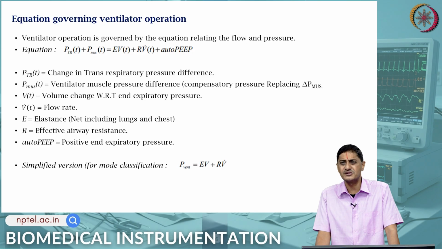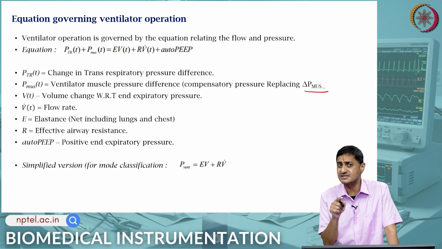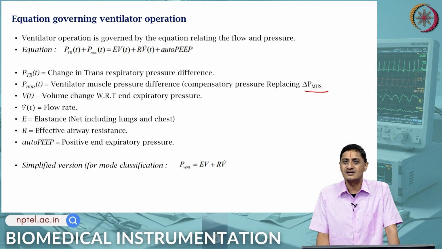This is a compensatory pressure that is essentially replacing delta P mus. And what is this delta P mus? We saw this. This is the pressure that is created by the contraction of the diaphragm. The diaphragm is creating this difference. This is a compensatory pressure that is going to replace the function of the diaphragm.